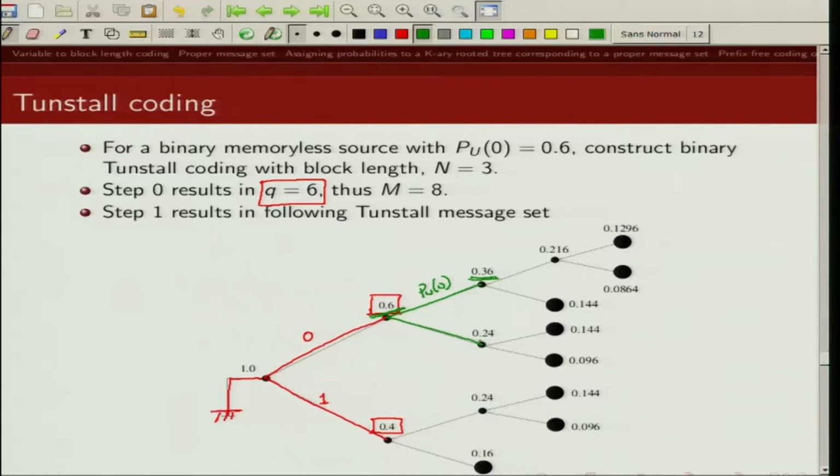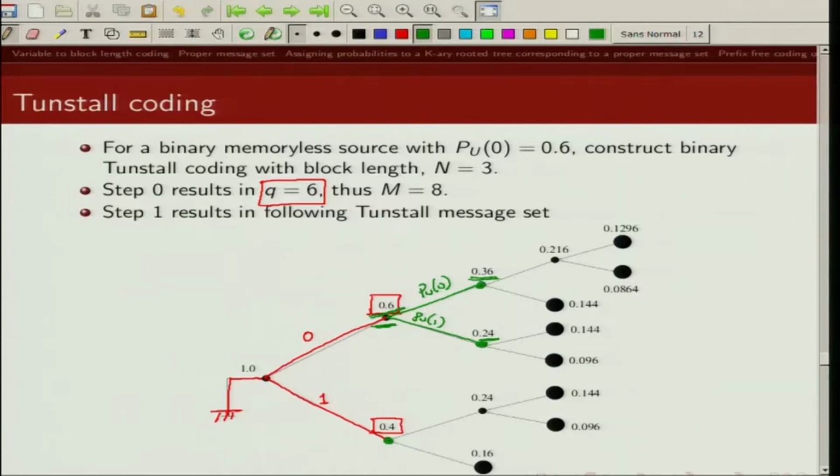Similarly, the probability at this leaf is the probability of this node, 0.6, into the probability of letter 1, which is 0.4. So 0.6 into 0.4 is 0.24. So after the first extension, this is how my message set looks.